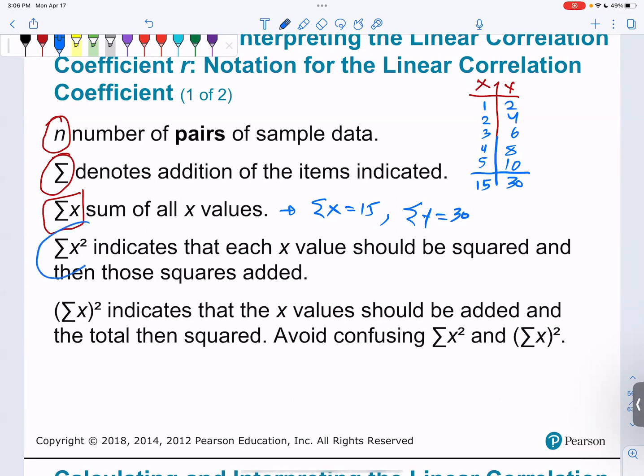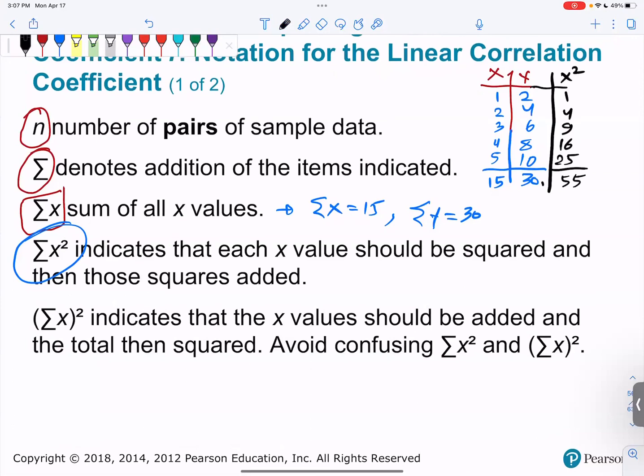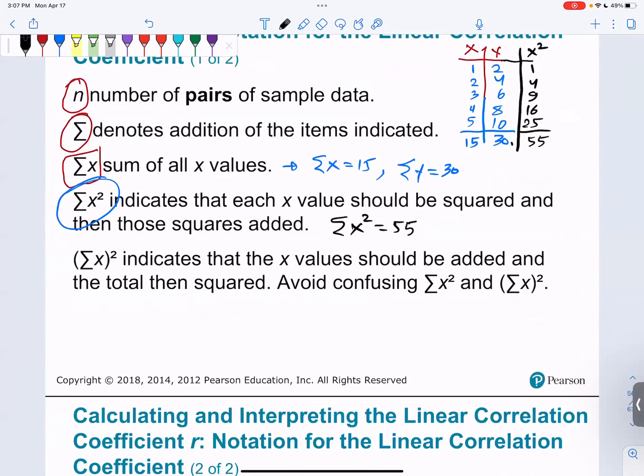And then summation of X square, we just take every single value of X and square it. So it will be 1, 4, 9, 16, and 25, and then add them up, there will be 55. So we can say summation of X squared equal to 55.